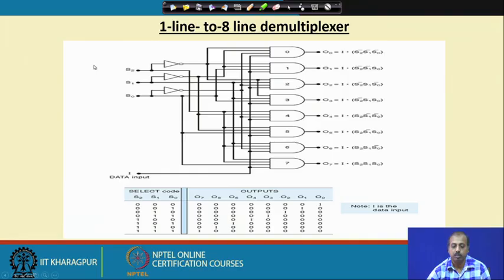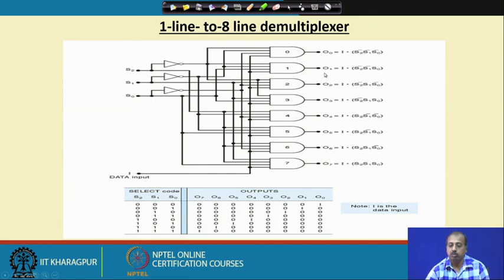Here the data input is transferred to O0 if S0, S1, S2 are all zeros. In that case the data input goes there.